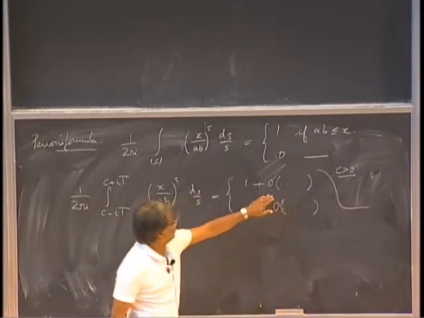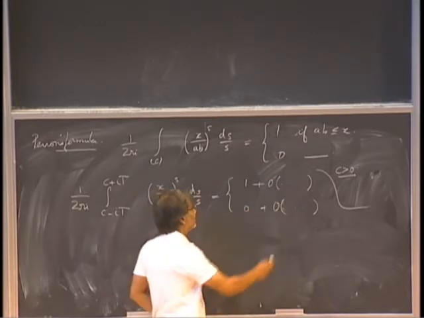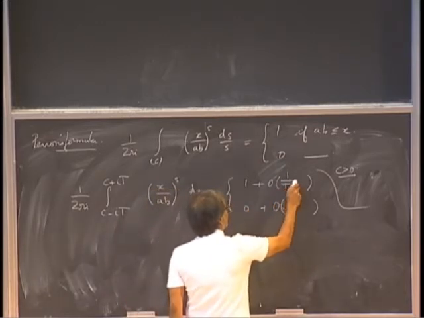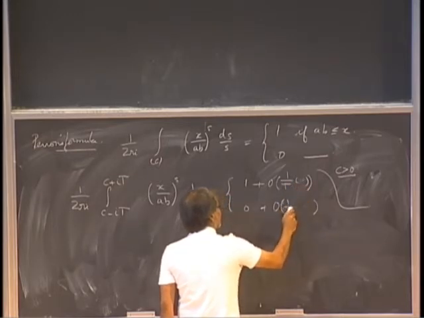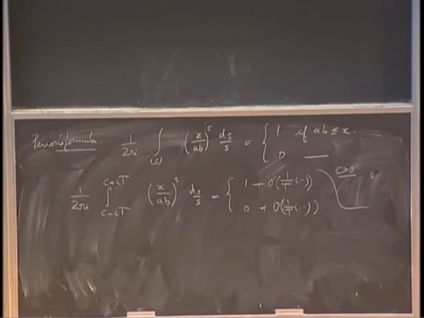Roughly speaking, you should think of this error as being inversely proportional to T, so roughly like 1 over T. This is not exactly correct. You should look at your notes from Demetrius's lectures for what you should write down here.